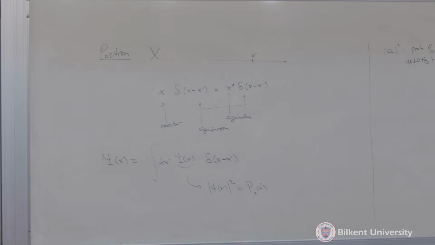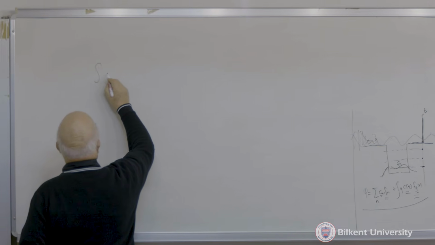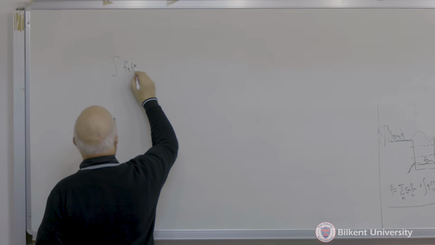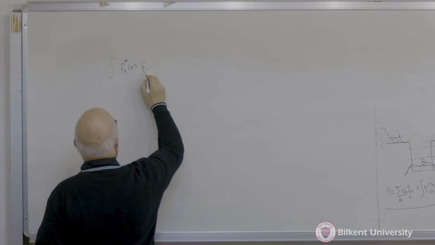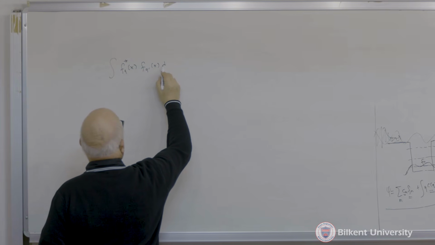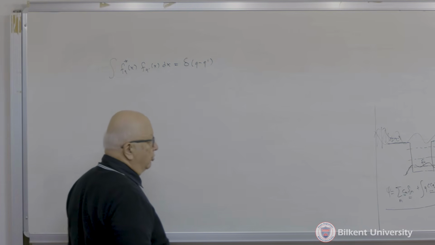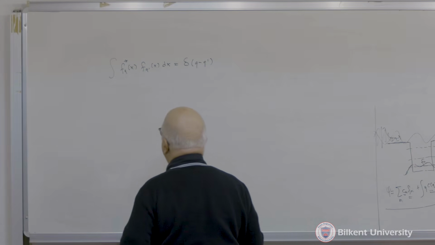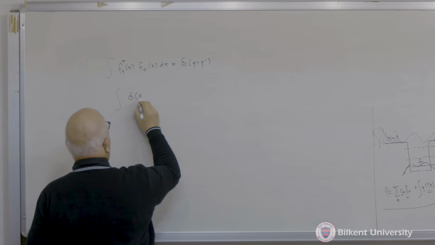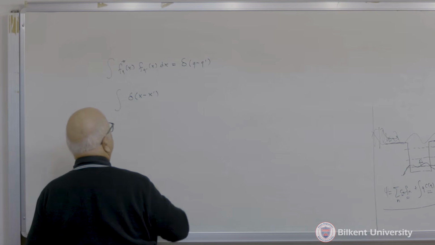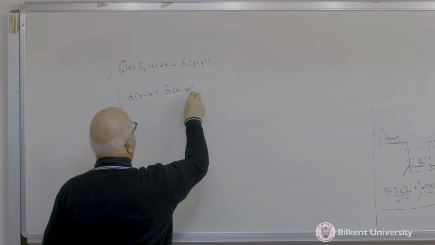Remember, we decided that for continuous variables, we had this f_q star of x, f_q prime of x dx was going to be equal to delta q minus q prime. So if I just apply it in this case, this is going to be delta x minus, say, x prime, a certain point, and then I have delta x minus x double prime.